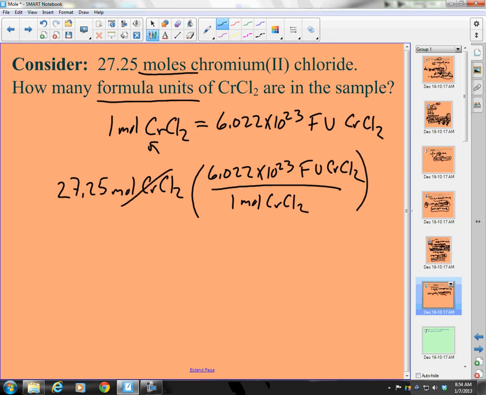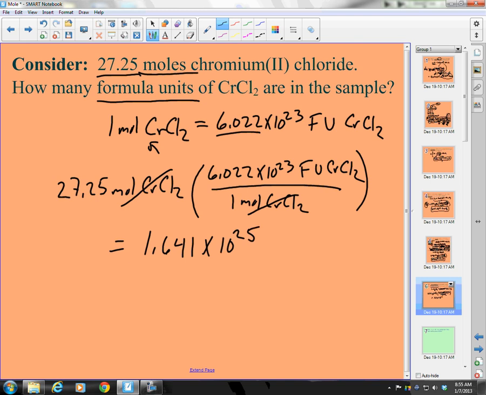My moles of chromium(II) chloride cancel, and I am left with 27.25 times 6.022 times 10 to the 23rd. And I get 1.64 and so on, but I only have 4 sig figs there. I can only have 4 in my answer, so that rounds to 1.641 times 10 to the 25th.